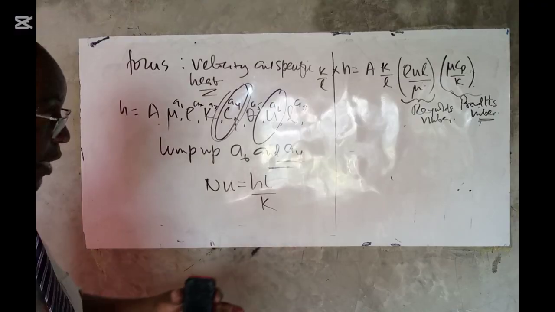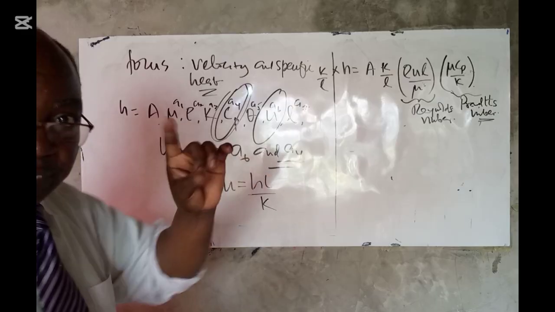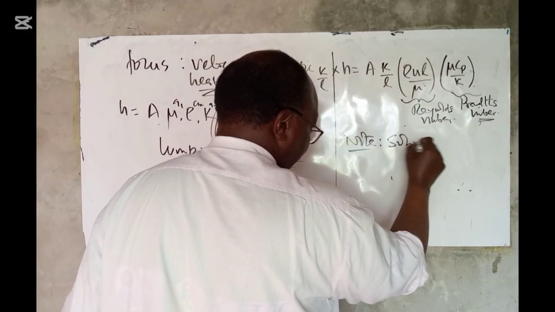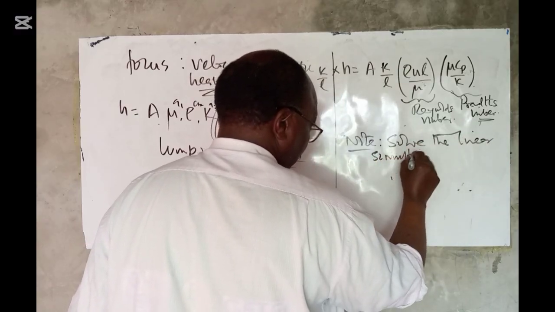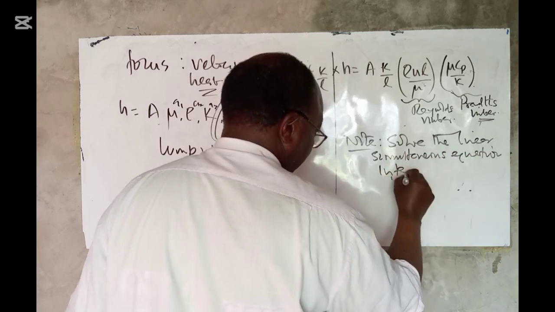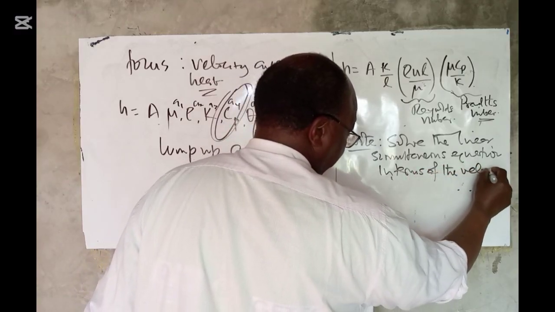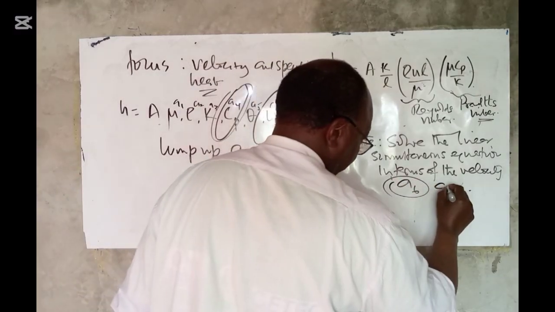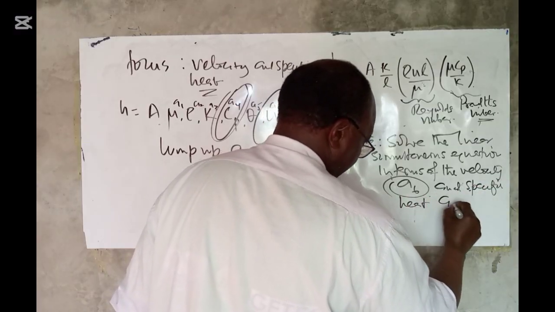Just go through the linear simultaneous equations, put them in, and solve them in terms of the velocity, that is the indices A6, and specific heat, this is A4.